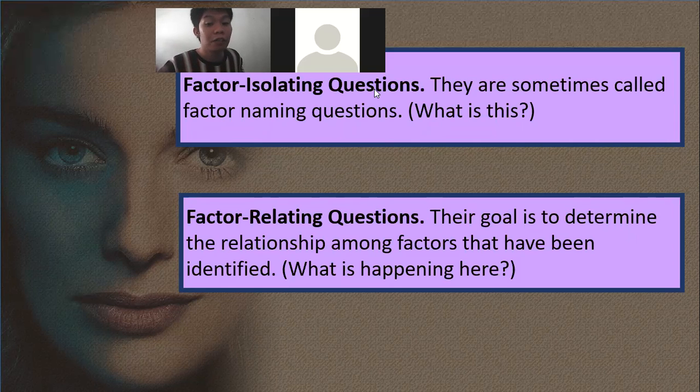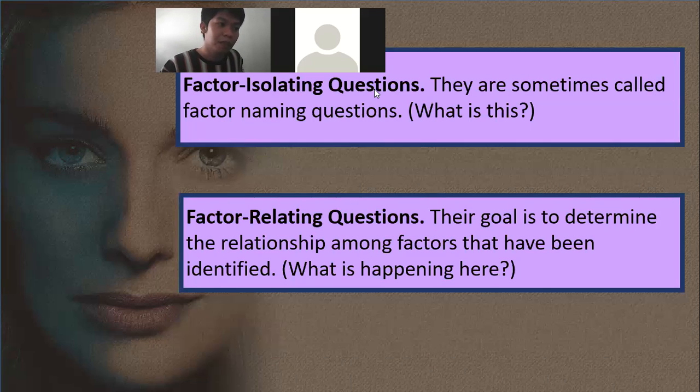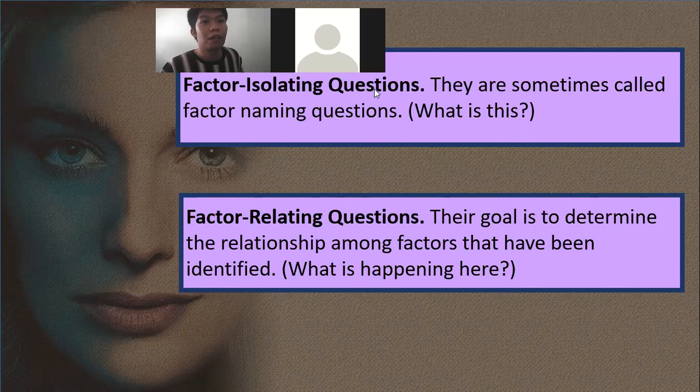Like, is there a significant relationship between the personality traits and game design preferences of the gamers in Davao City? Is there a significant relationship between tardiness and academic performance of senior high school students? Is there a significant relationship between the level of speech anxiety and academic performance of grade 11 students?